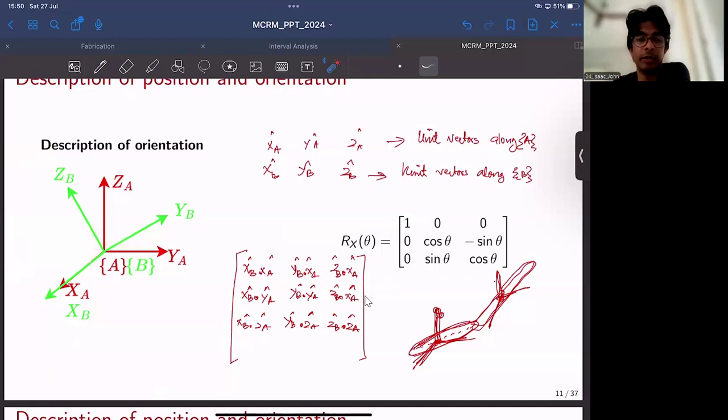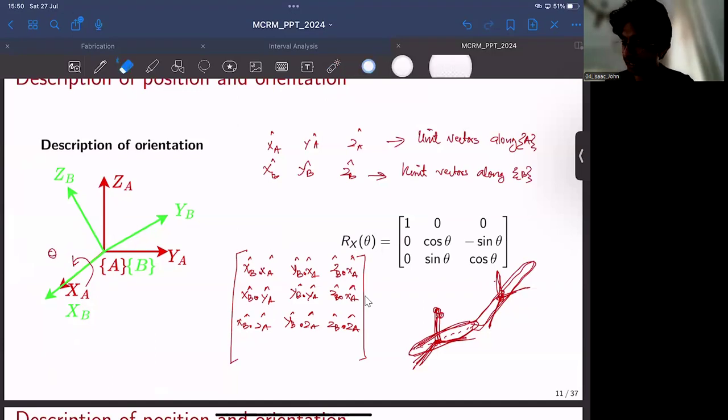So for example, consider both frame B and frame A to be coincident, having no relative orientation initially, and now we are rotating frame B about XA by an angle theta.